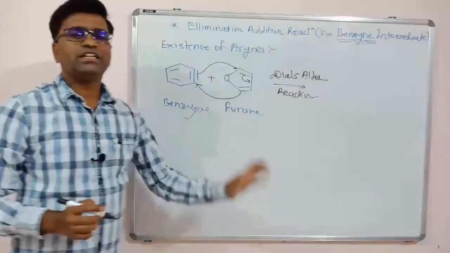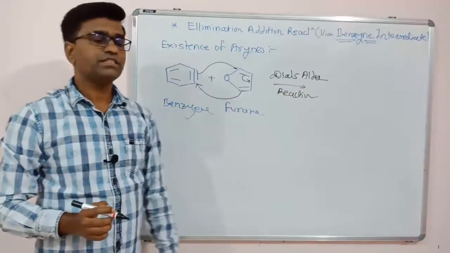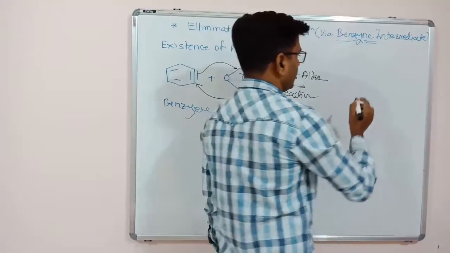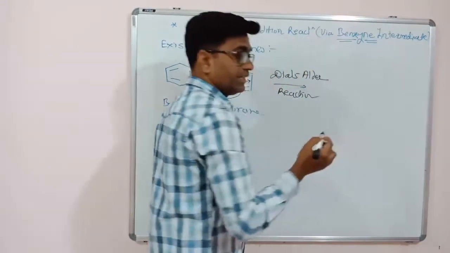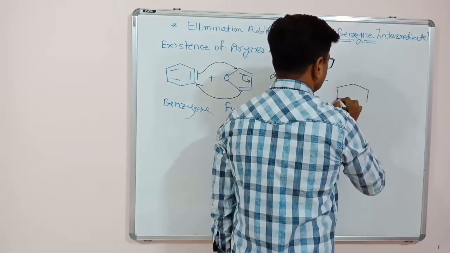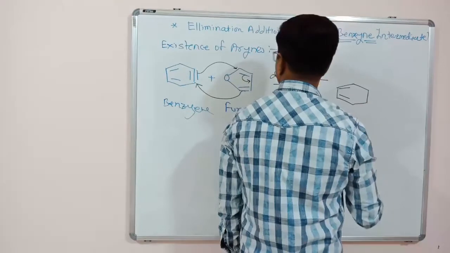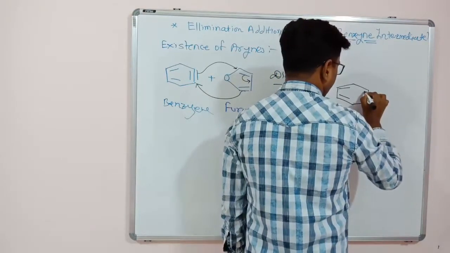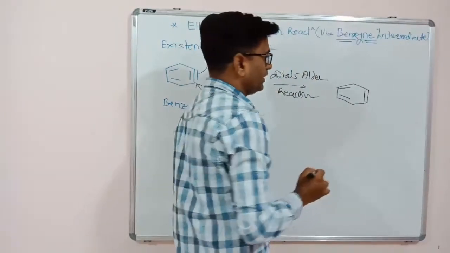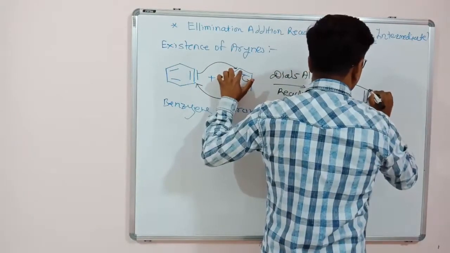So this is called a Diels-Alder reaction. It was discovered by Diels and Alder, the two scientists. They discovered this reaction. So in this case we will get the product. See the product carefully. These two pi bonds are as they are. One of the pi bonds will break, so we will get only one pi bond over here. This carbon forms a bond with this carbon.